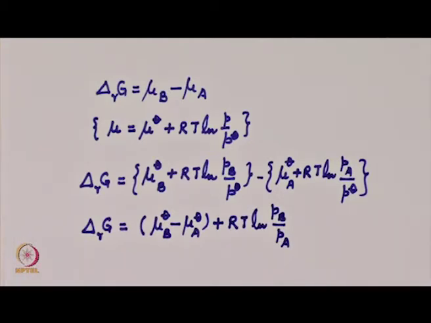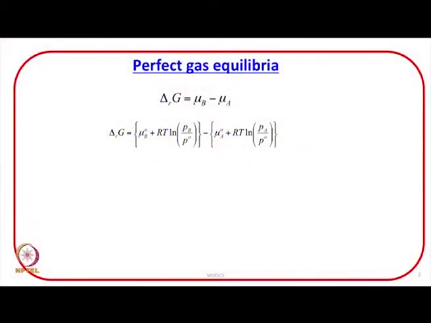Let us go to the slide. Once you substitute for the chemical potentials for B and for A, the resulting equation, as we discussed, is delta Rg is equal to mu B naught minus mu A naught plus RT log PB divided by PA.